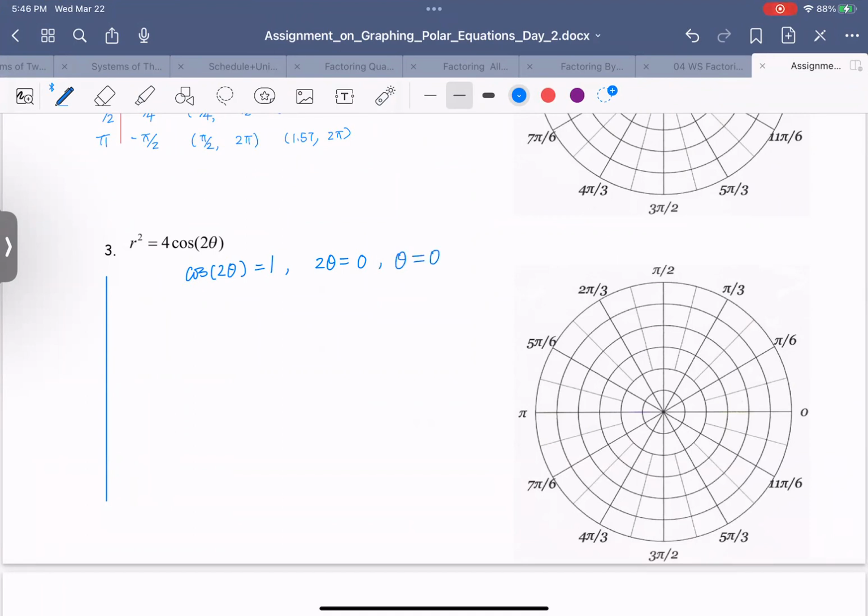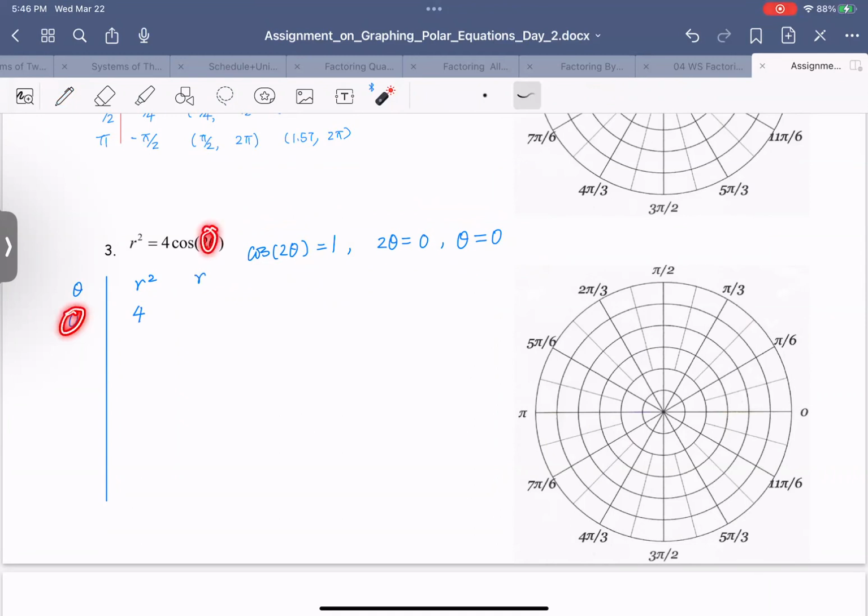So you can see when theta equals 0, r squared is going to be 4, correct? Cosine 0 is 1, right? Then r squared is 4. So r will be 2 and negative 2, right?